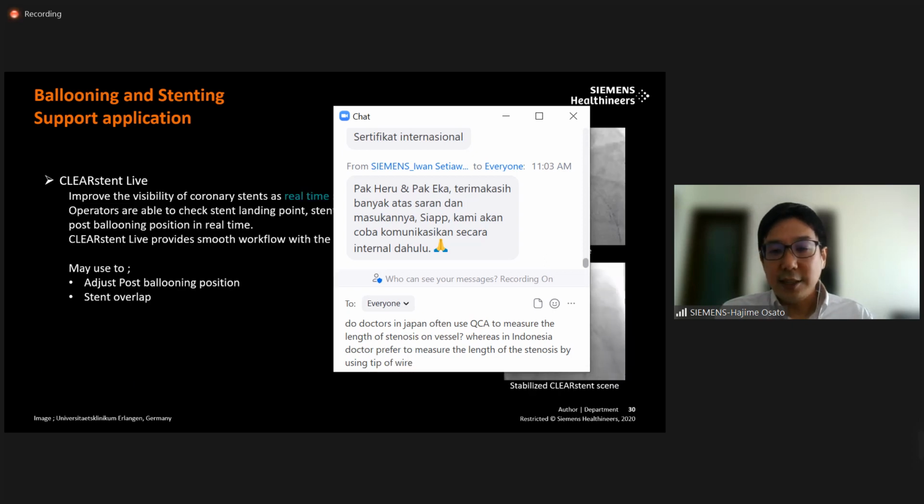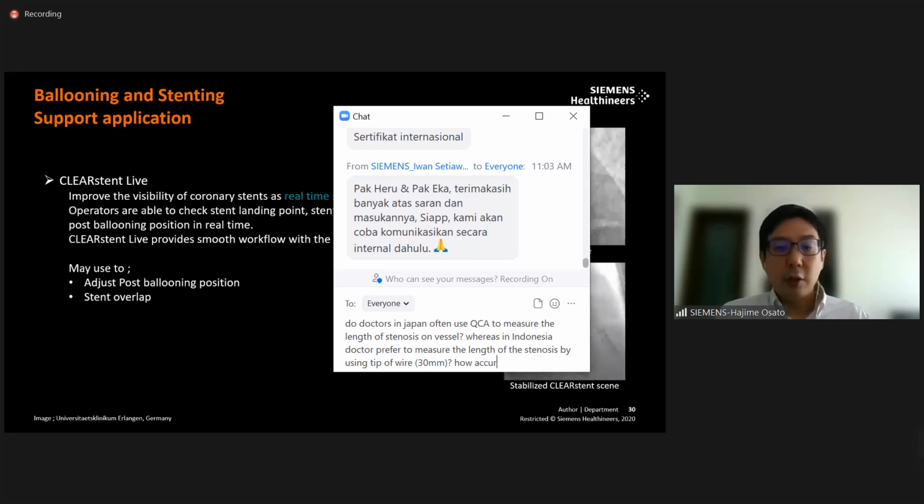On the other hand, we have one more option called clear stent live. It improves stent visualization in real time.